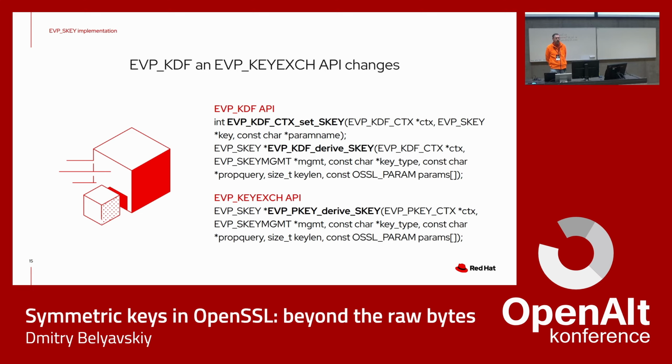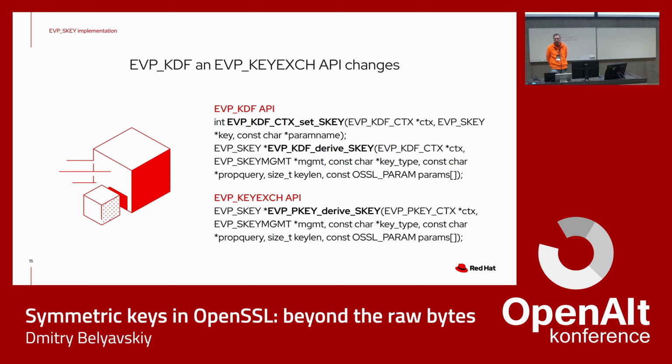What was added recently in OpenSSL version 3.6, which was released, as colleagues said in the previous presentation, just in the beginning of October, about a month ago, is the derivation of symmetric keys from asymmetric algorithms.